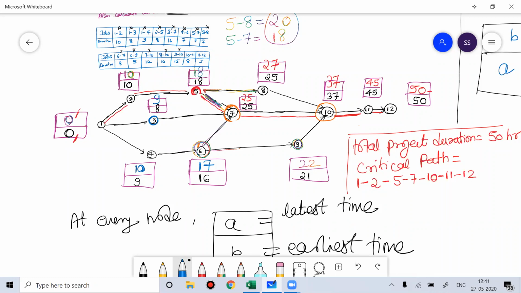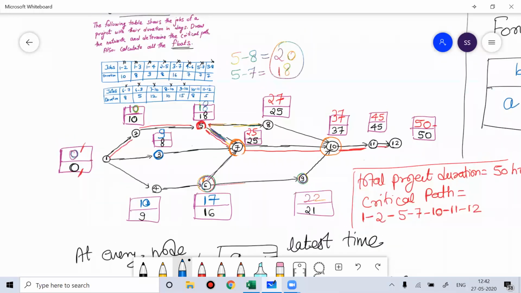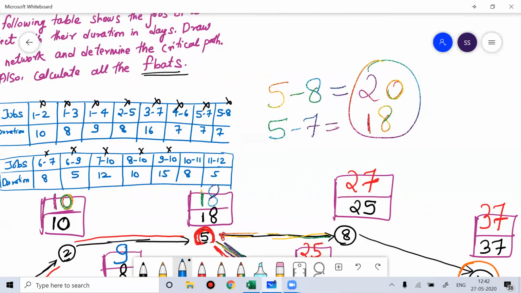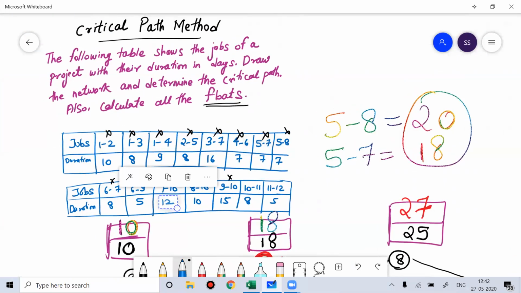Refer to Kalavati or J.K. Sharma or V.K. Khanna, any book on operation research, and start solving the questions and come up with your doubts. If you have any doubt, take a photo of the question and send it to me. I'll send you the answer. But please start solving the questions. Please start doing the hard work. Without that, things will not be as easy as you are assuming.